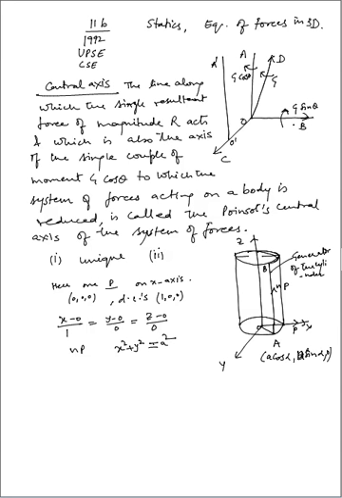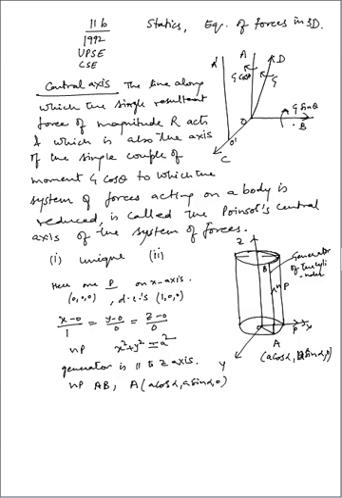So the generator is parallel to the z-axis, and this force nP is acting along AB, and it is passing through the point A, which is a cos alpha, a sin alpha and 0.